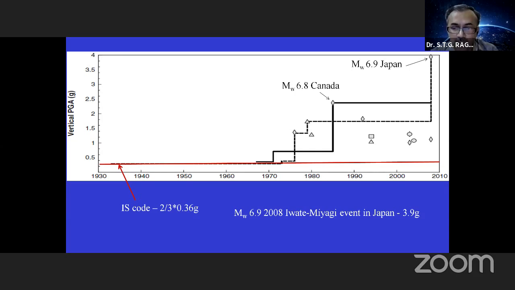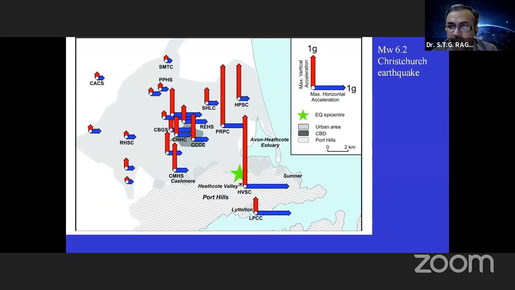Now this is for the Christchurch earthquake, 6.2. You can see the axis, with 1 times gravity as the unit, for the horizontal and vertical. At many stations, like this HVAC station, the vertical PGA is almost two times gravity, and it is more than the horizontal PGA.